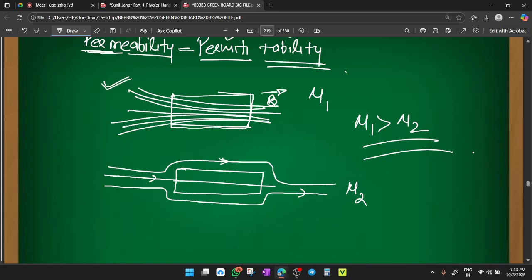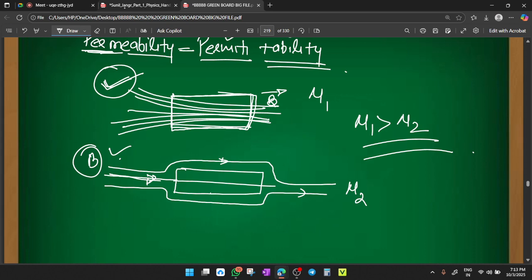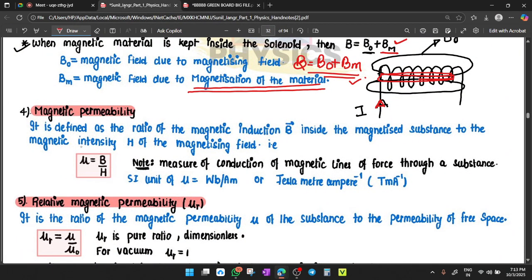So the top material, our magnetic material, readily accepts magnetization of itself. And the other material is not ready for magnetization in the given direction. Clear? Given direction means the source direction, the external magnetic field direction. So magnetic permeability is defined as, you can say this is a bad definition, not giving you such a feeling.